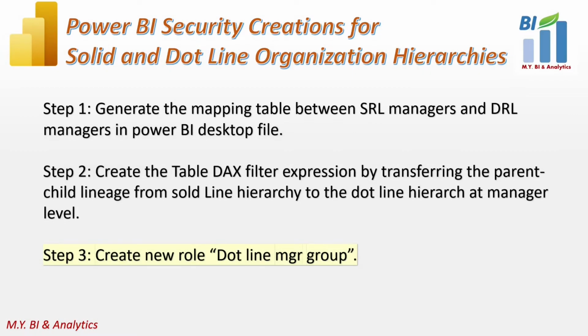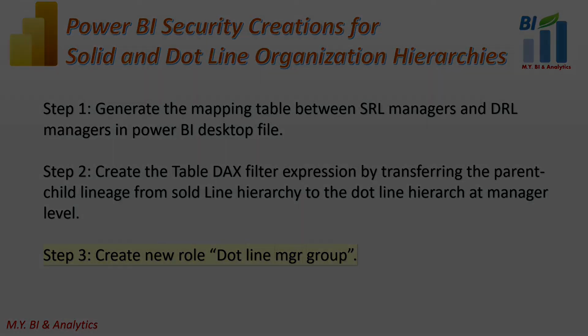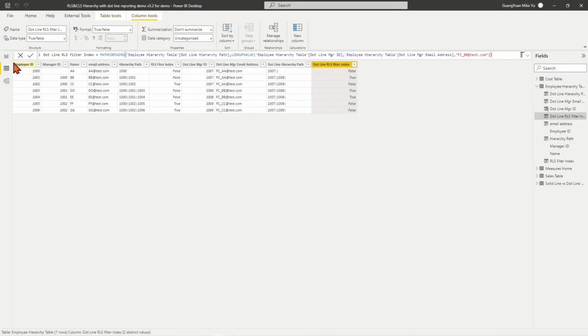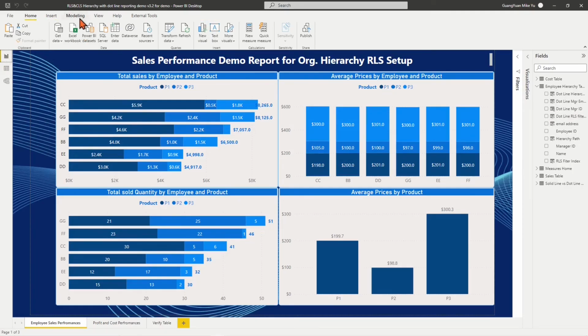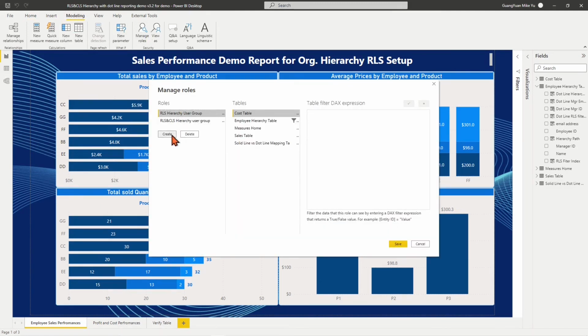Step 3 is to create the new role, dot line manager group. In Report View, choose the Modeling tab, click Manage Roles, create a new role and name it dot line manager group. In the tables list, choose the employee hierarchy table.